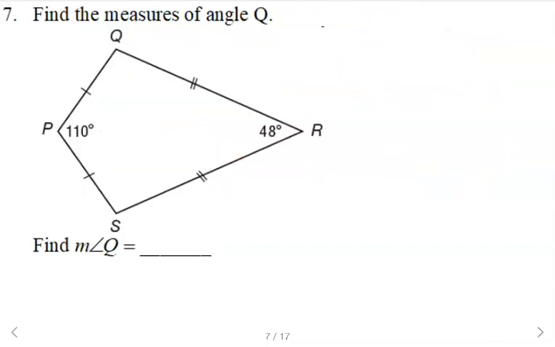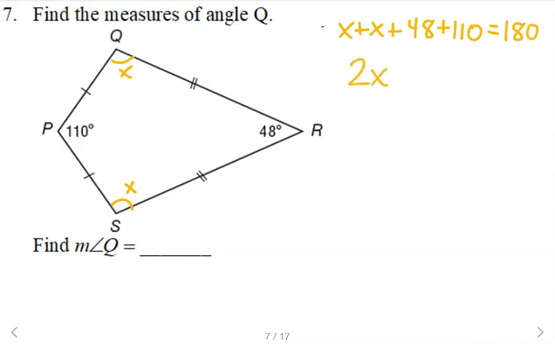Measure of angle Q. Well, these angles for a kite are congruent. So for convenience, I'll call it x. The angles in a kite, which is a quadrilateral, add up to 180. And so we could write x plus x plus 48 plus 110 equals 180.